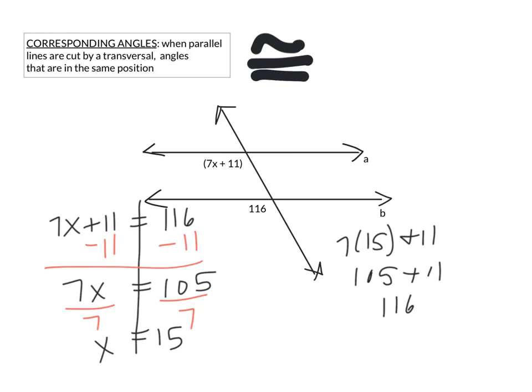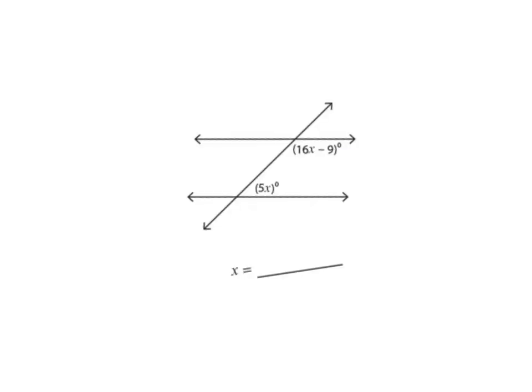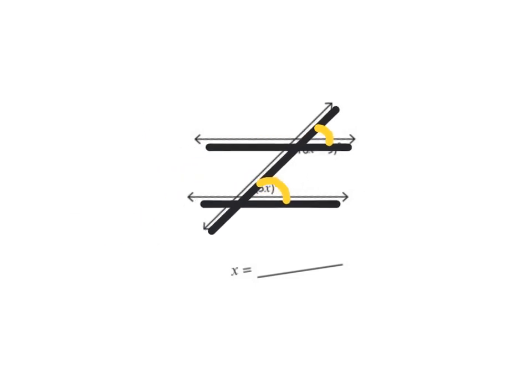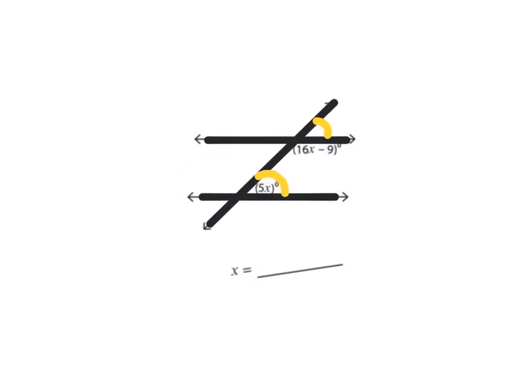All right, now let's look at another example. In this example, are these two angles corresponding angles? Well, let's take a look. Are they in the same position with regard to the transversal? The answer is no. This 5x is on the top right, but 16x minus 9 is not.